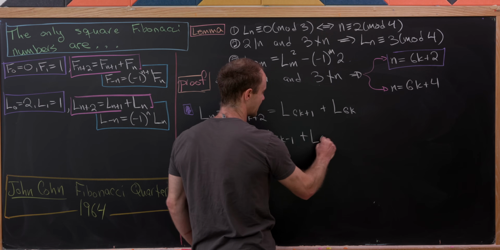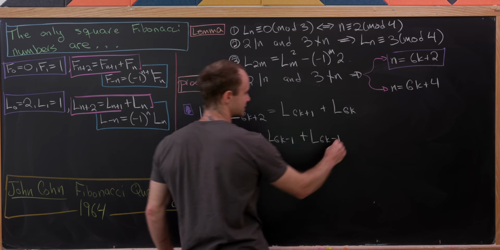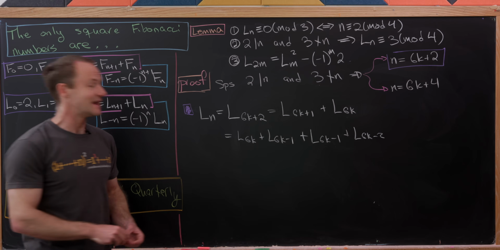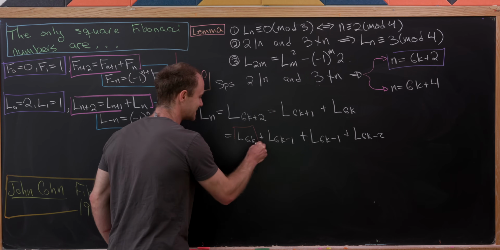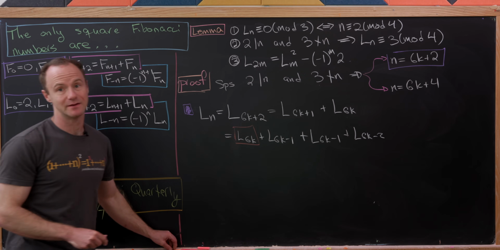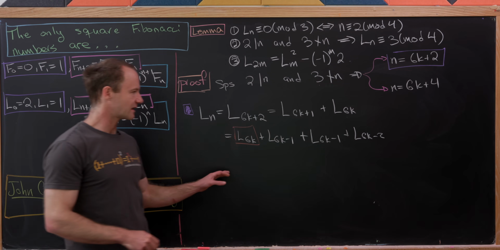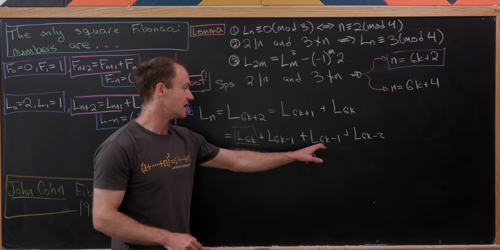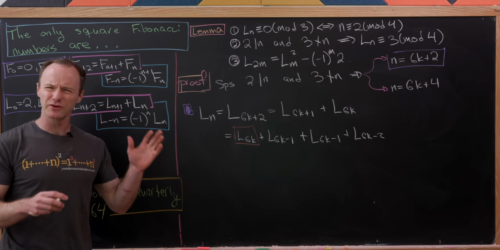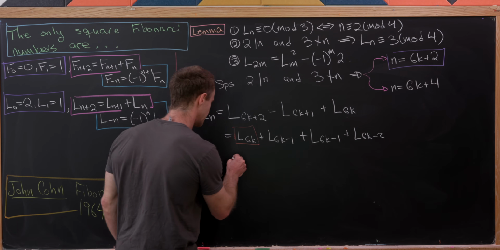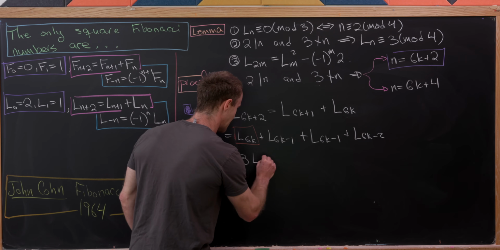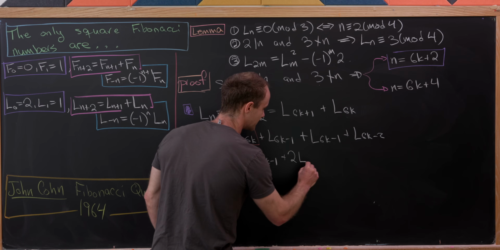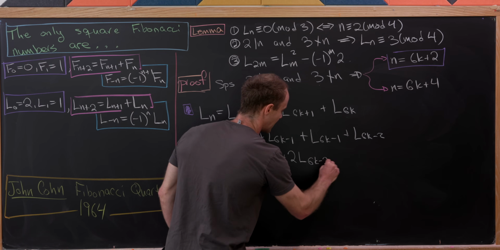Applying it to this second one gives us L sub 6k minus 1 plus L sub 6k minus 2. And then next up, we'll apply it to this one only, which I've boxed in brown. And that'll give us another L sub 6k minus 2 and another L sub 6k minus 1, pretty similar to our last calculation. So we'll have 3 L sub 6k minus 1 plus 2 L sub 6k minus 2.